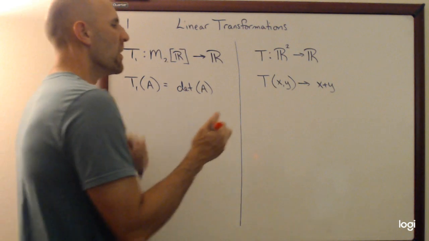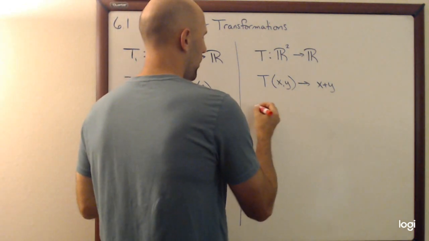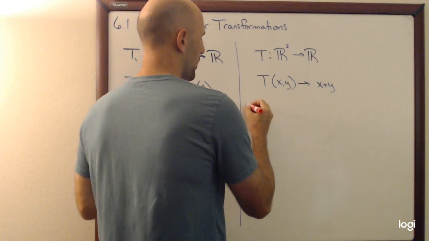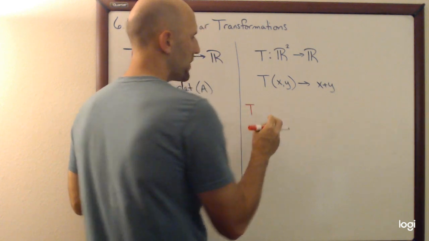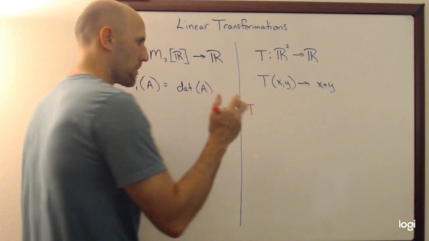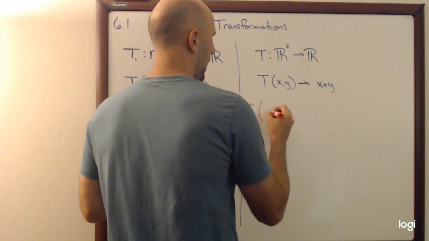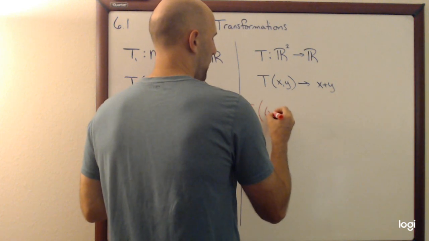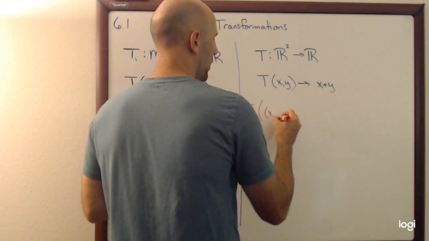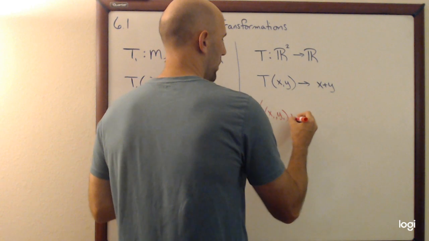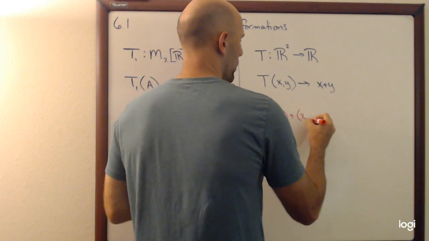But I want to take a look at something. Okay? So, for example, what would I get if I took, let's say, and this time I'm not going to use actual numbers. Okay? What would I get if I took, let's say, x1, y1 plus x2, y2.